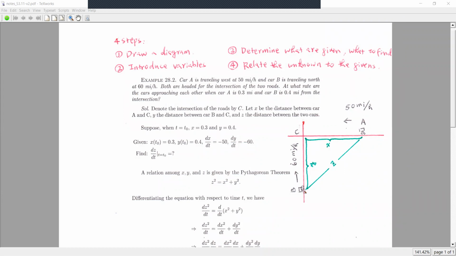The distance between car B and point C by y. The distance between the two cars by c. Please note that x, y, and c are changing. They depend on the time t, so they are functions of the time t.